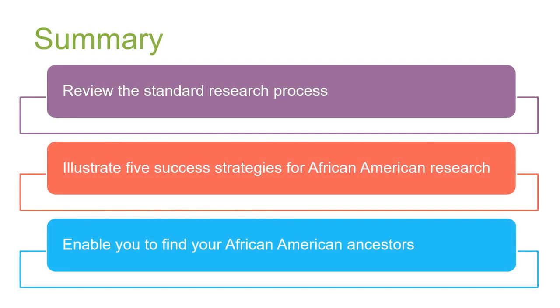That concludes this presentation, 5 Success Strategies for African American Research. In summary, we reviewed the standard research process and illustrated 5 success strategies for African American genealogical research to enable you to find your African American ancestors.